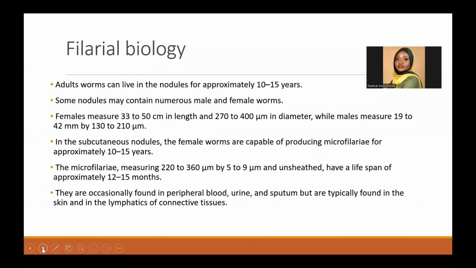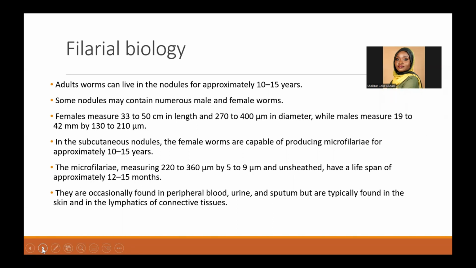Now, the adult worm, as we saw in that photo, can live up to 10 to 15 years, and sometimes the skin manifestation called the nodule can contain several worms. The female worms are usually very big. You can see that they can grow to a very long length, up to 50 centimeters.